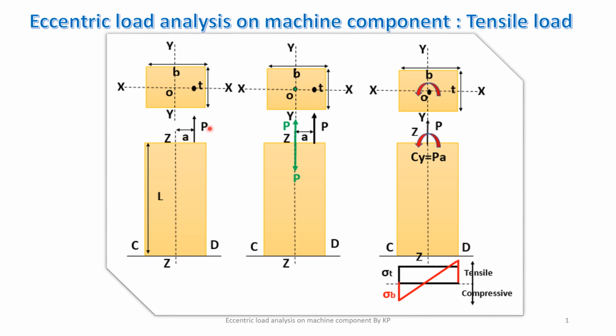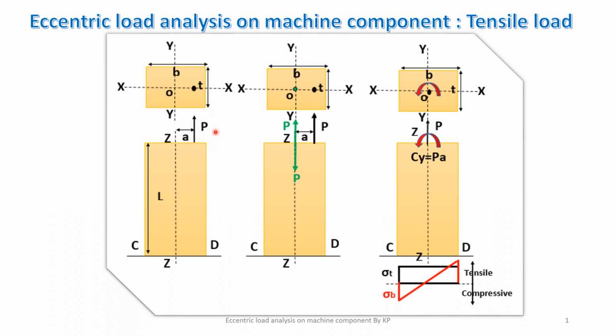Here a load P is applied at a distance A from the ZZ axis. Because this load is not passing through the ZZ axis, or the centroidal axis, it is called an eccentric load, and the distance of this load from the Z axis is A, which is called the eccentricity. So we want to find out the stress at the cross section C and D because of this load P.